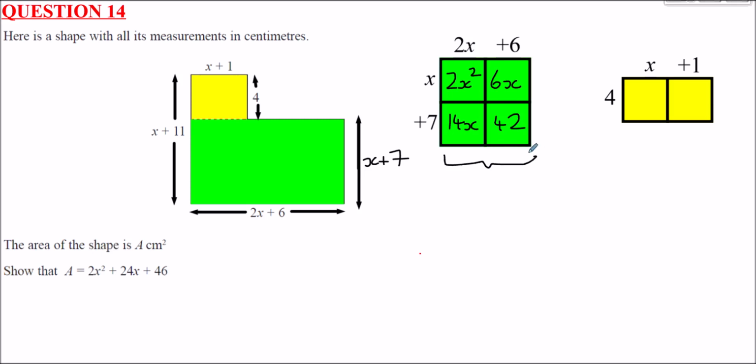And so the green rectangle, simplified, will be 2x squared, 6 plus 14x's is 20x's, and then finally 42. And the yellow area is just x plus 1 all multiplied by 4. X times 4 is 4x, 1 times 4 is obviously 4. So the yellow area is simply 4x plus 4.